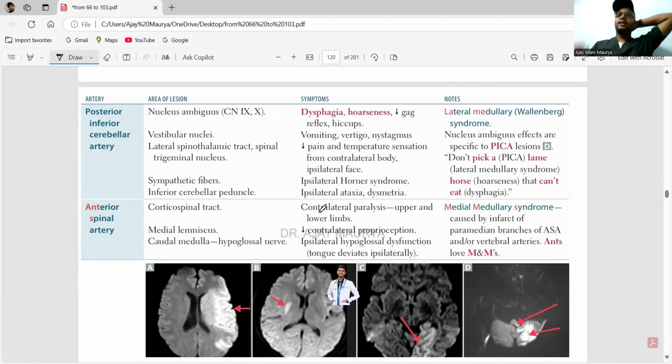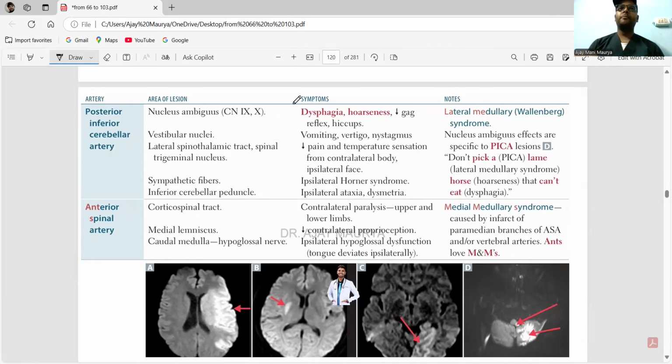The patient will have ipsilateral Horner syndrome, ipsilateral ataxia, dysphagia.